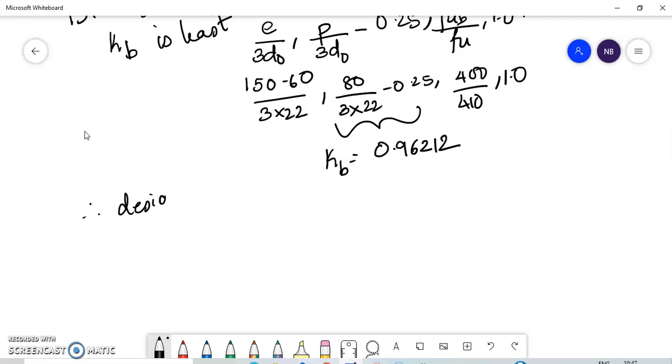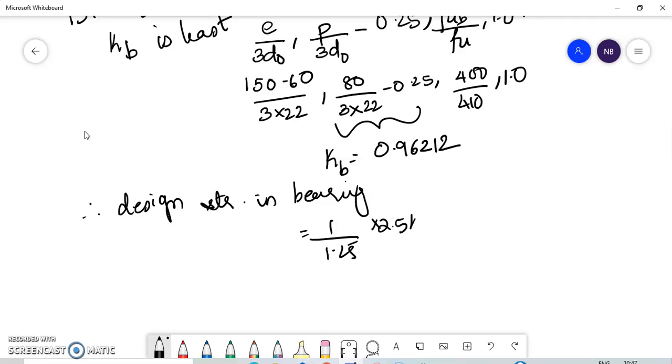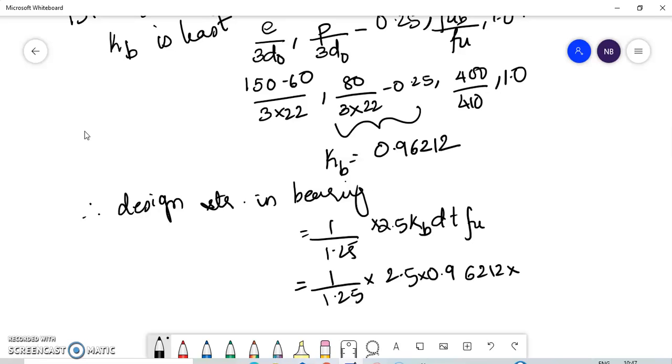So the design strength in bearing, substituting the values, is greater than the design strength in shear.